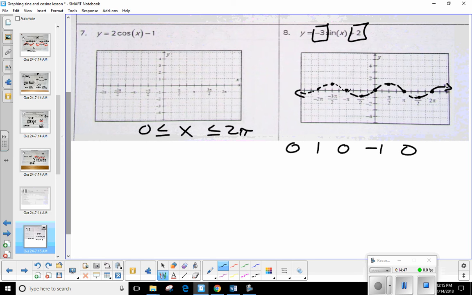So we're going to multiply first, and then we're going to add. So let's see, -3 times 0 plus 2. 2. -3 times 1 plus 2. Okay, is everybody okay with these? Okay, then 0 again should give me another 2. There you go. -3 times -1 plus 2 will give me 5. So these are the y values I need.